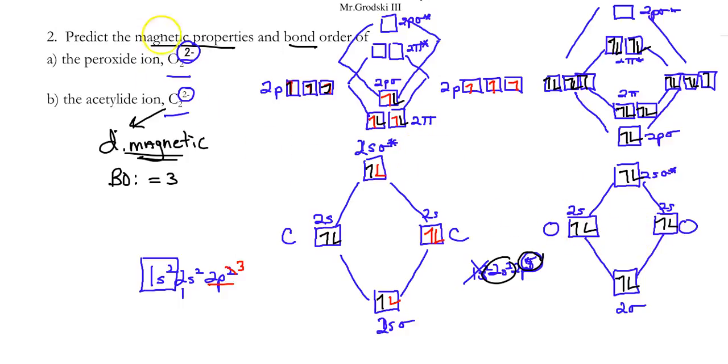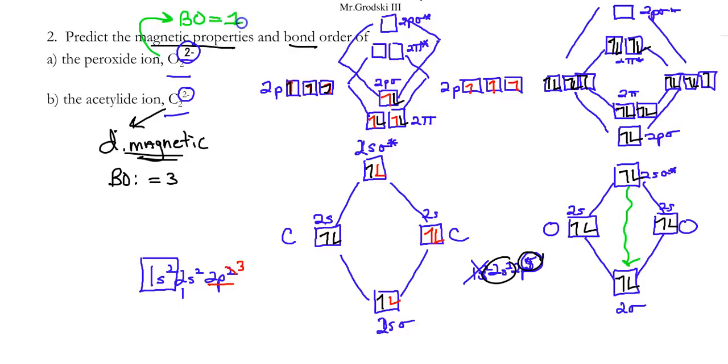Well, the bond order for this, remember this is going to cancel this one. So this, and let's just write it here, these electrons will cancel these electrons, so you can wipe away that bond, and then these 2 anti-bonds will cancel this away. So what we have for O negative 2 is a bond order of 1.